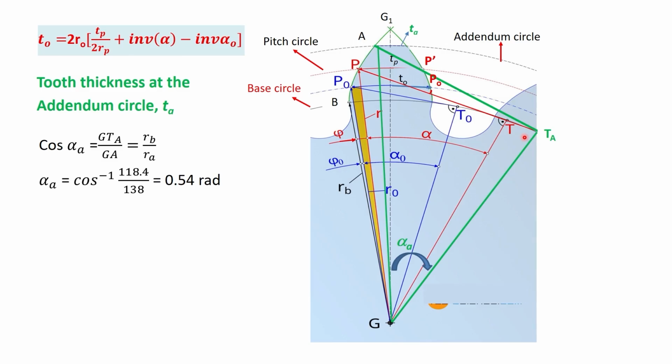And so, we got alpha A, this angle TA G A, is 0.54 radian.